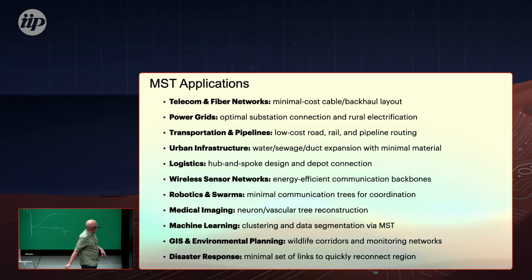Okay. So just for you to know the relevance of this kind of investigation, the minimal spanning tree is related to many practical things. It goes from telecom and fiber networks, power grids, transportation pipelines, urban infrastructure, logistics, and so on.